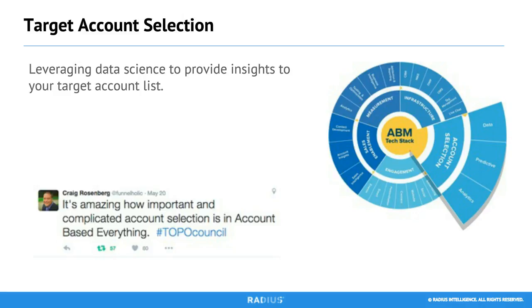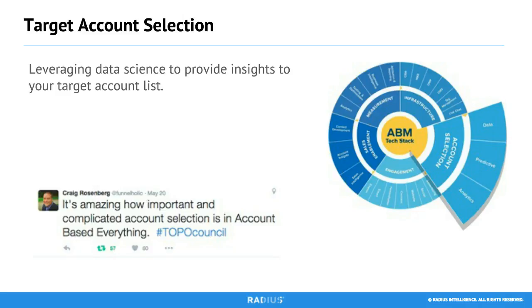This particular topic is near and dear to my heart, and I found this quote from a friend, Craig Rosenberg, you may know him as the Funnelaholic, that came across my Twitter feed: it's amazing how important and complicated account selection is in account-based everything. This received an amazing amount of engagement on Twitter, and it really resonated with me, given the importance of this part of the process.